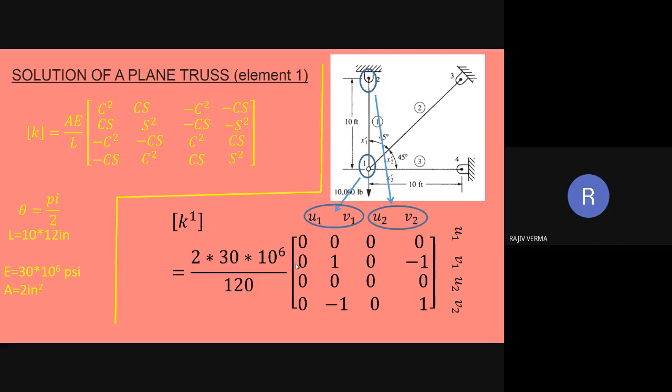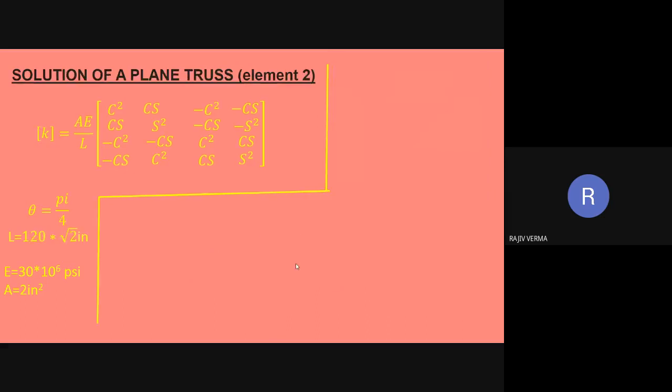In fact, the degrees of freedom are going to be used to assemble the three stiffness matrices of the three elements into a common global stiffness matrix. Similarly, coming to element number 2, the angle of inclination happens to be 45.